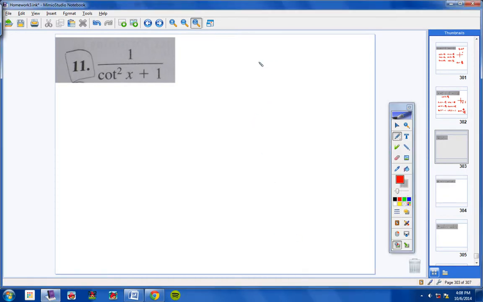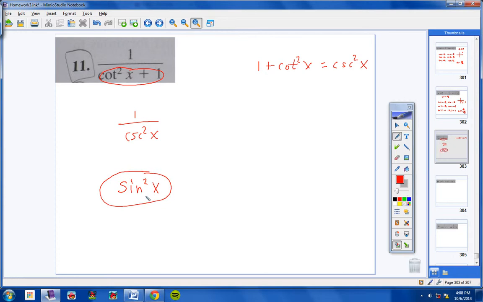So the Pythagorean identity I think of right away, students, is 1 plus cotangent squared x equals cosecant squared. Now, I have cotangent squared x plus 1. So really, for this right here, I can put cosecant squared x. Now, students, think about this. 1 over cosecant squared is the same thing as just sine squared, the reciprocal. And so there we go. We simplified it down to sine squared, okay?